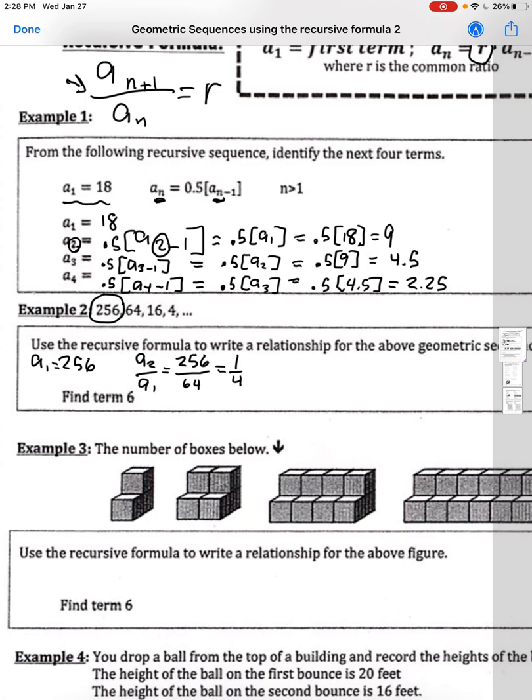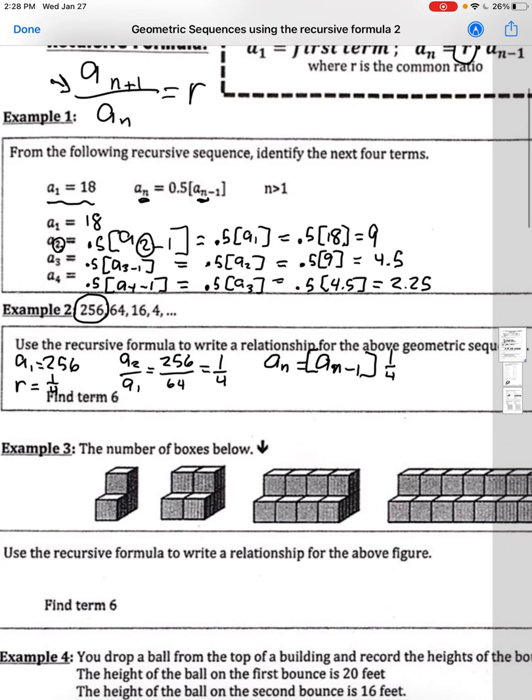So our R value is 1/4, giving us the formula A of n is equal to A sub n minus 1 times 1/4. Now from here, we can use this formula to figure out the sixth term like it asks us to.